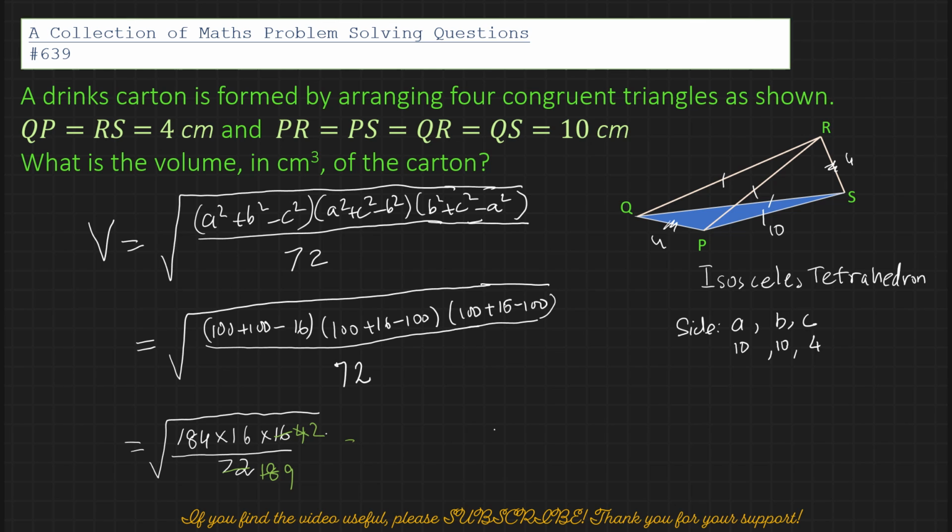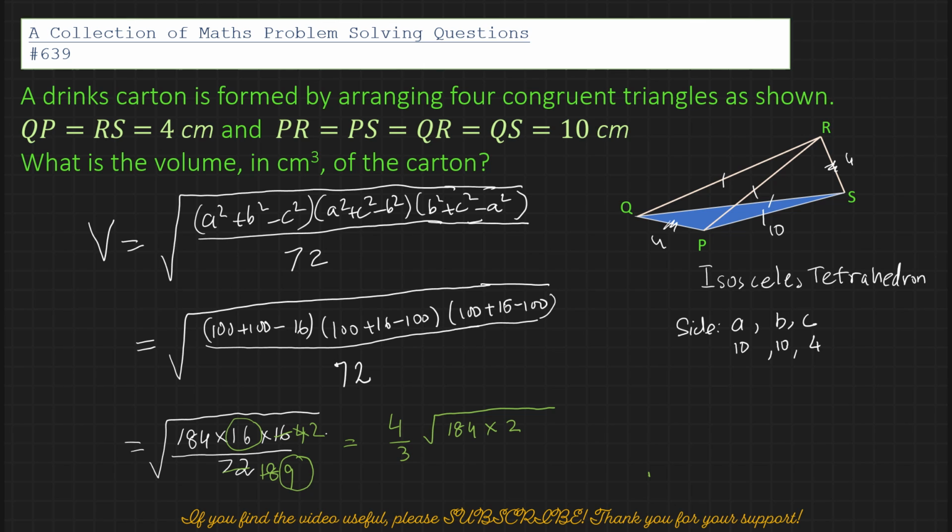So that way we can bring the 16 and the 9 outside the square root as 4 over 3, and then we are left with, under the square root, 184 multiplied by 2.